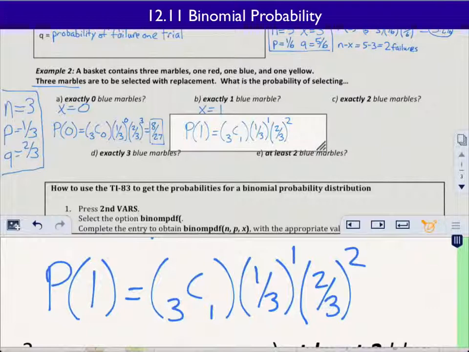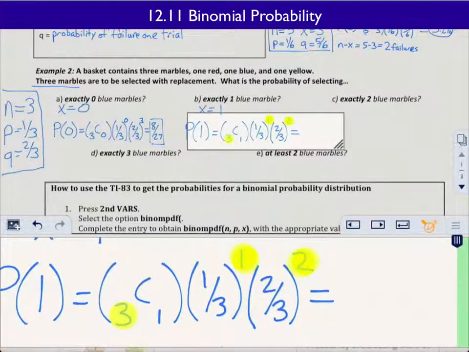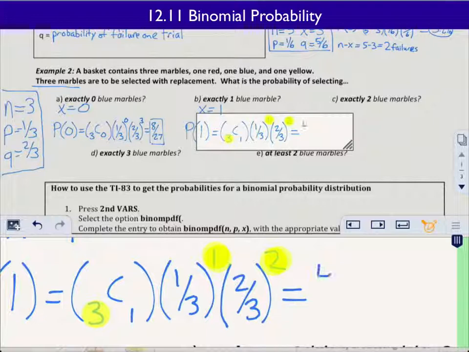And one thing to note here, the 1 plus the 2 is going to equal the 3. So these two up here always have to equal the 3 right there. And when we try this in our calculator, we get 4/9, which is the same thing as our 12/27 that we had gotten looking at the sample space.